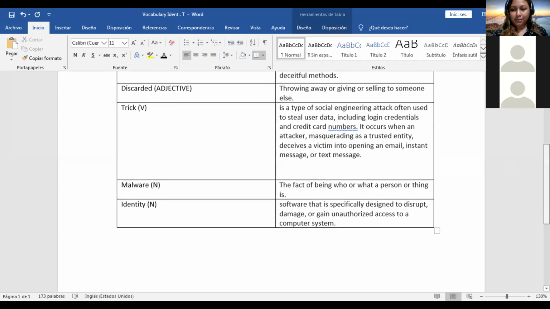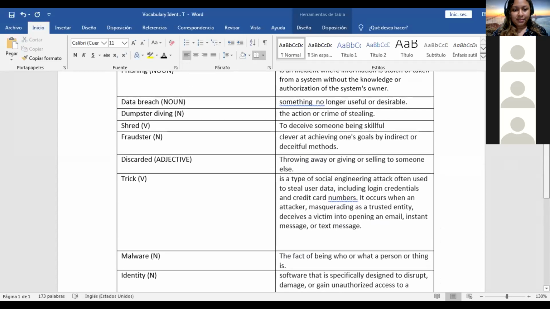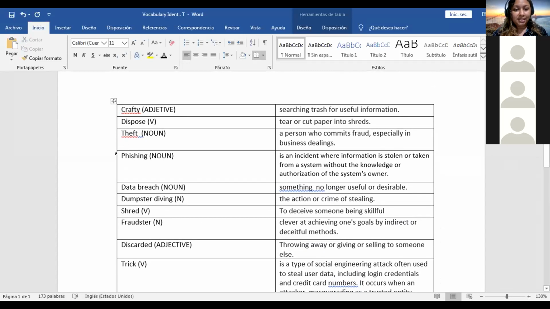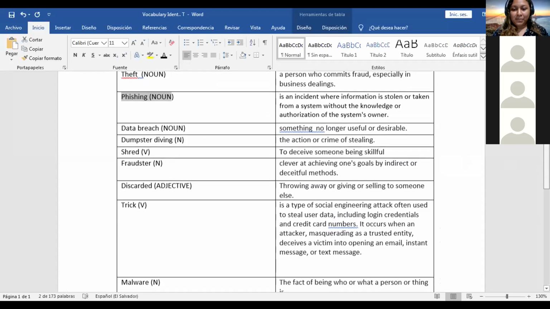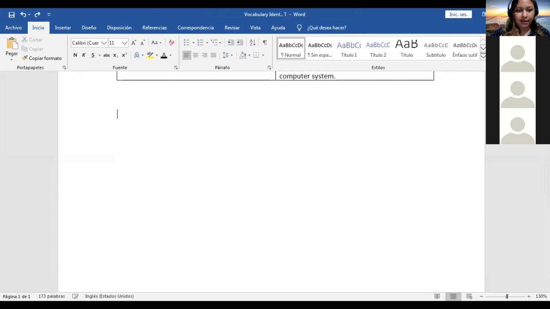What word do you want to go with? Like phishing. Okay. What's the definition of phishing? When you steal some electronic information. Okay. So we say when you steal, right?